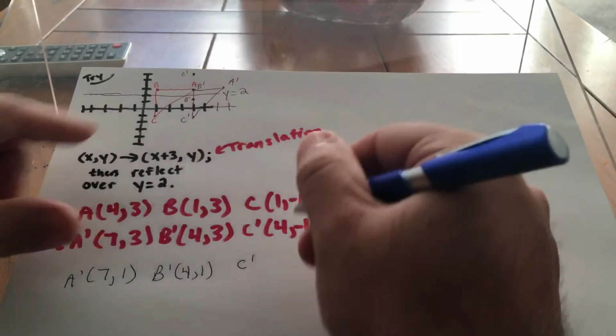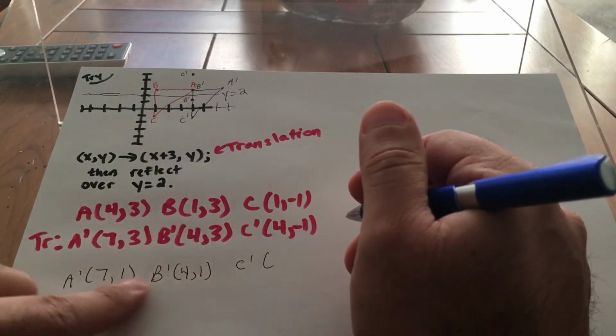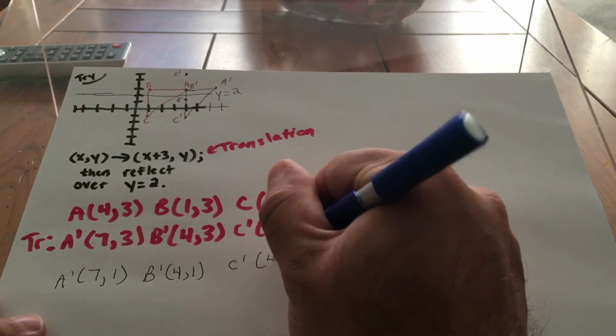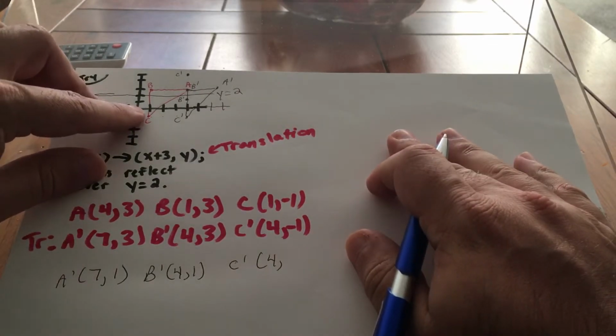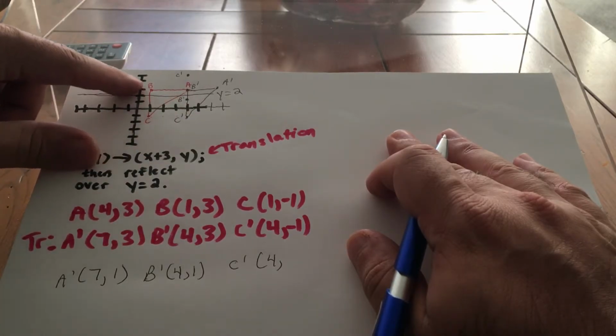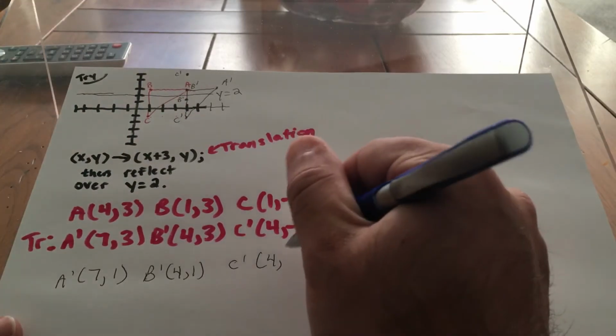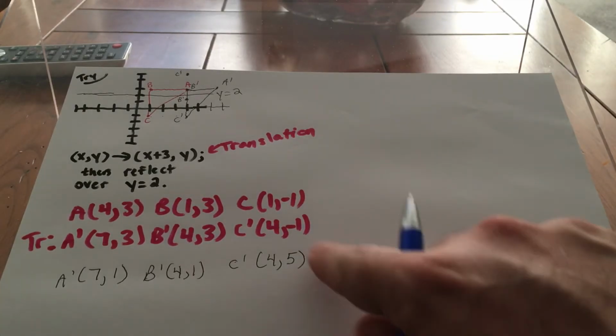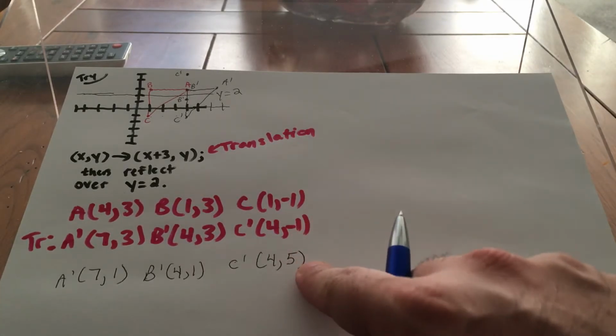So your C prime will be up here. Notice that your x coordinate is going to stay the same. It's still at 4. But your new C prime y coordinate is, you have to go up 1, 2, 3, 4, 5. So this is at 5. So your y coordinate went from -1 to 5.